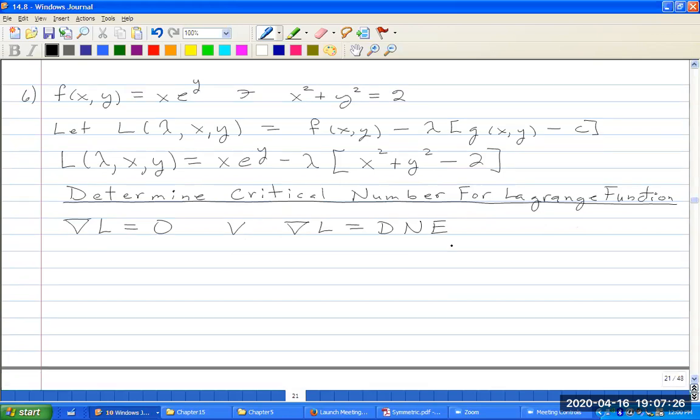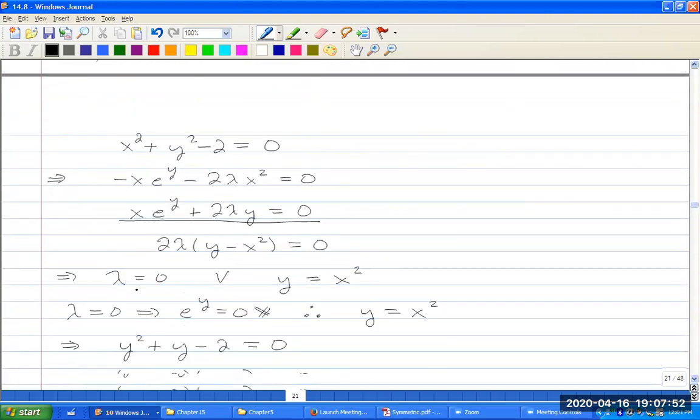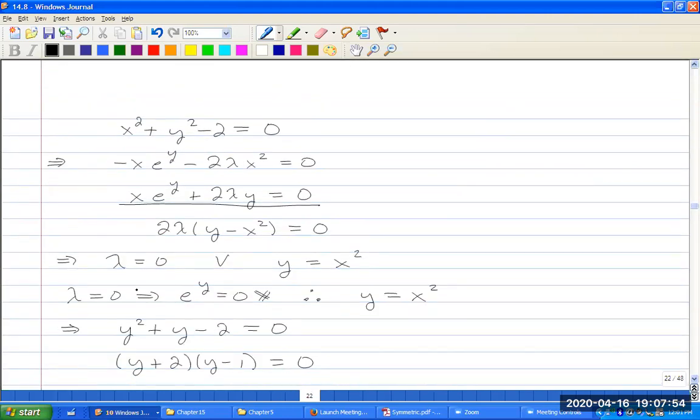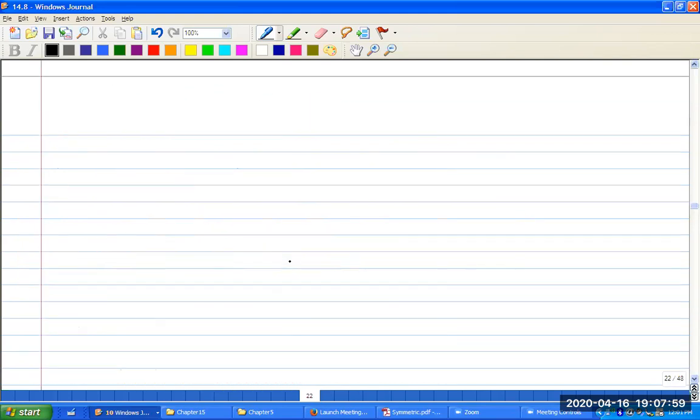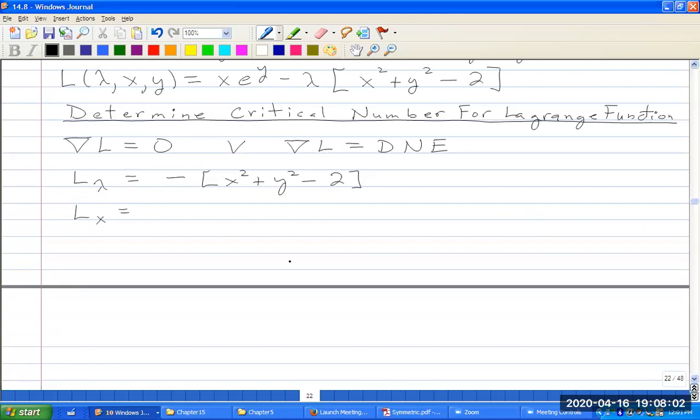Okay, so let's take the partial of L with respect to lambda. That's minus x squared plus y squared minus 2. The partial with respect to x.